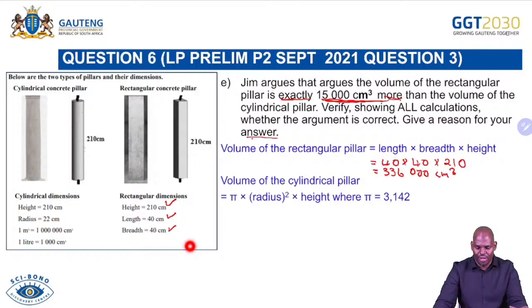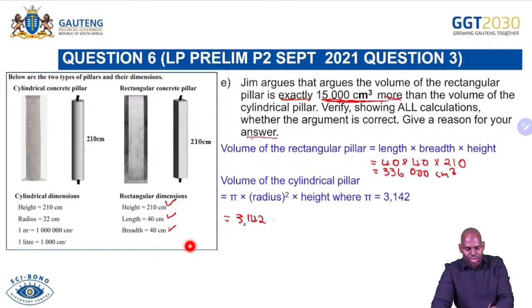Then what about the volume of a cylindrical pillar? If we just do the substitution, 3.142, then times our radius, it's 22, so it's 22 squared, and multiply by the height, which is 210.